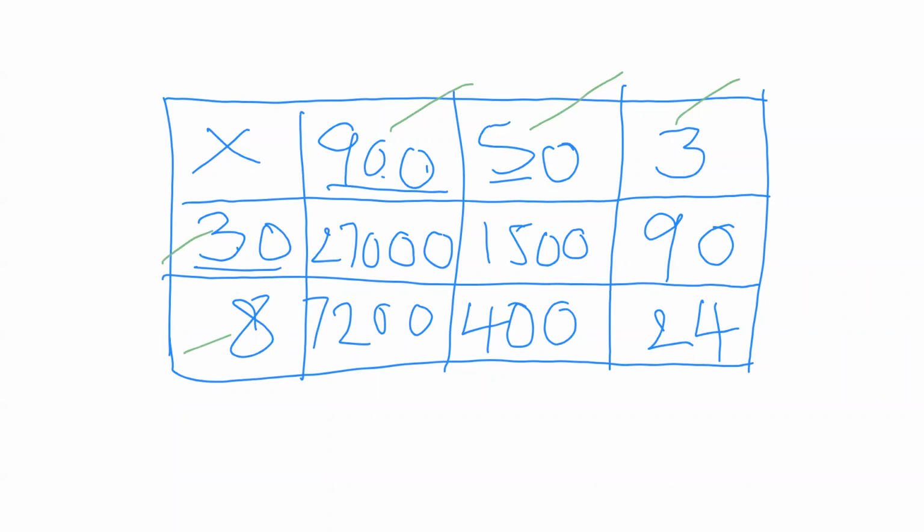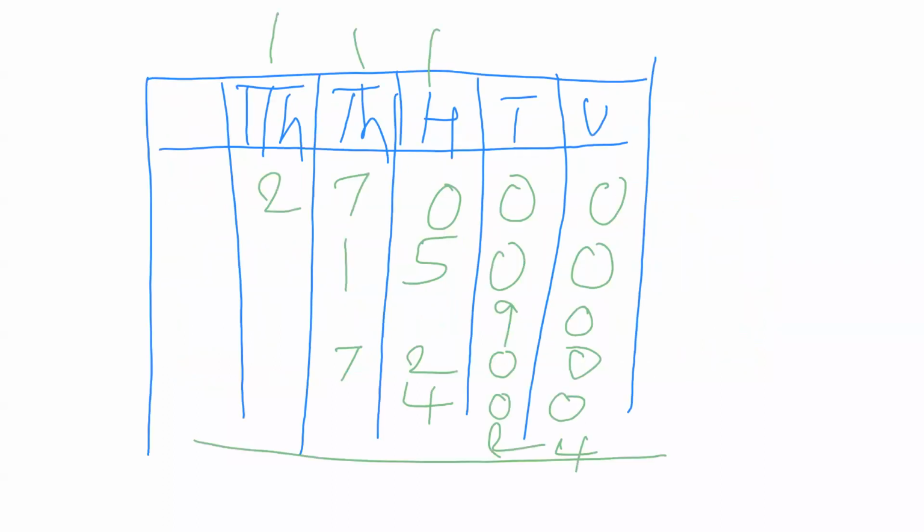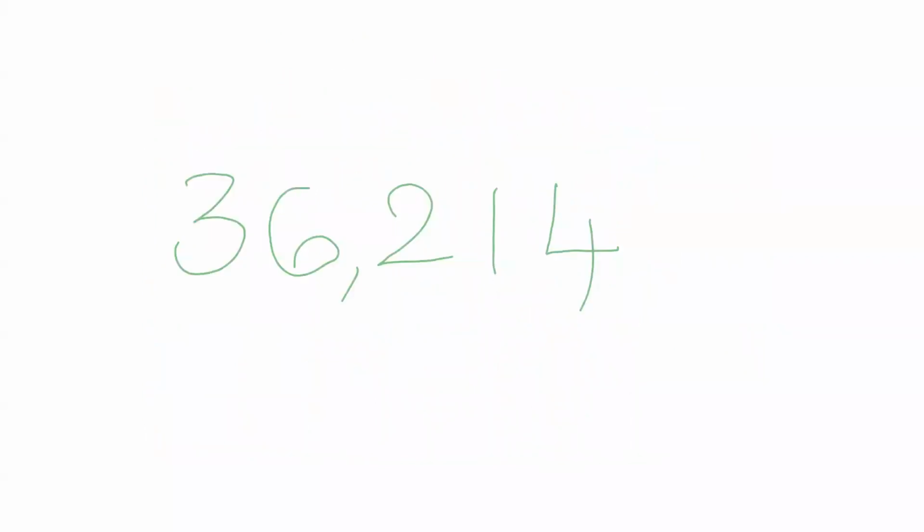And after multiplying vertical and horizontal column, we have received the solution, right? And then whatever solutions we have received, we have placed in the table and we have done the addition, by which we have received the final answer as 36,214.